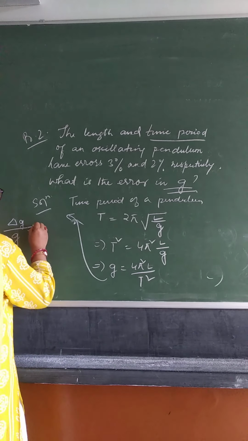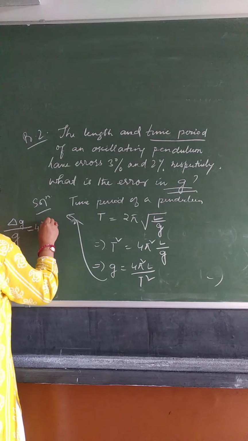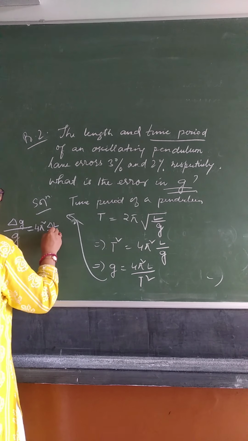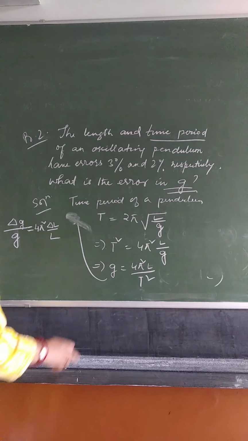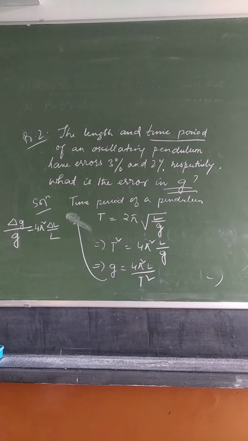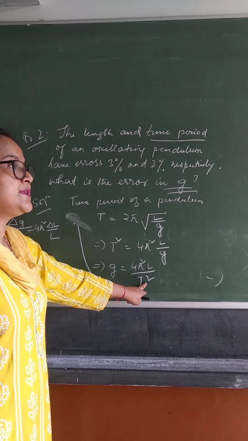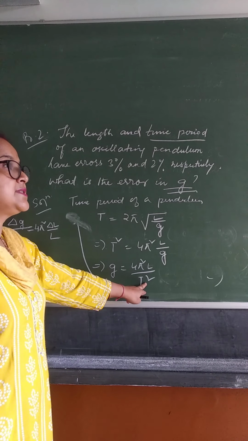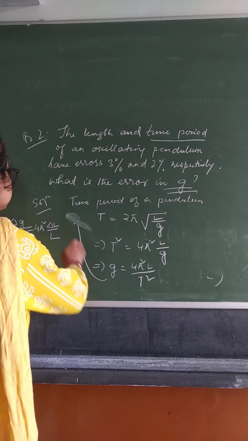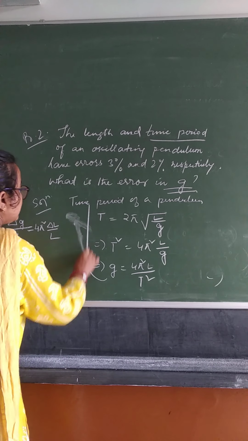So 4 pi square is a constant, so delta L by L. That is because the other terms are constant, and you know when it is in the denominator, that is the quotient rule. How do we do it?